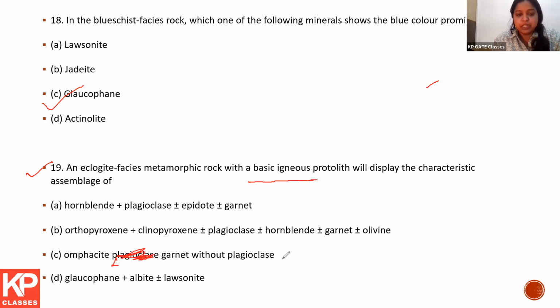Omphacite, garnet without plagioclase, glaucophane, albite, plus or minus lawsonite. So here the option should be C, because we know there will not be plagioclase in eclogite facies, and it is a basic igneous protolith. So with this, the option should be C. This is also actually a direct question from the textbook.